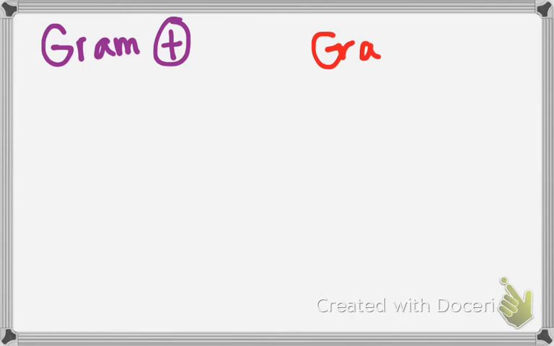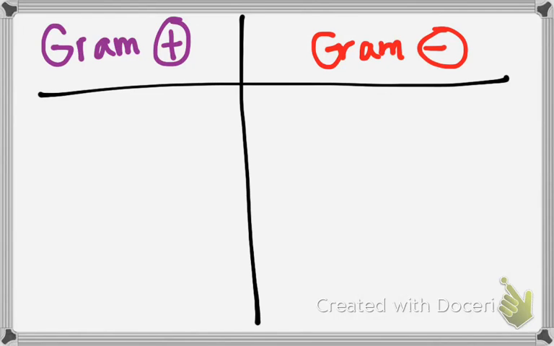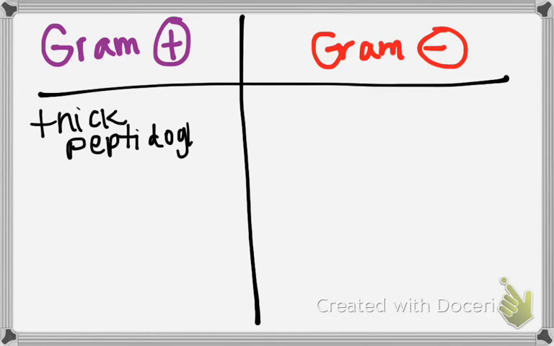Okay, so here's your gram-positive, and here is your gram-negative. Gram-positive, we said, has thick peptidoglycan, while gram-negative has thin peptidoglycan.